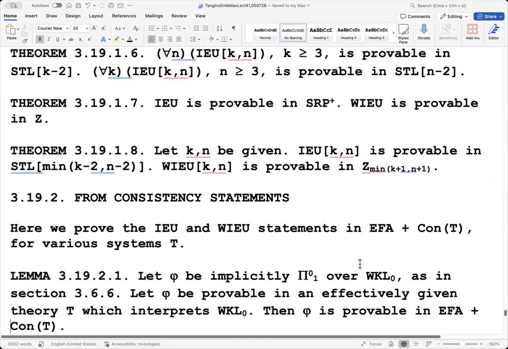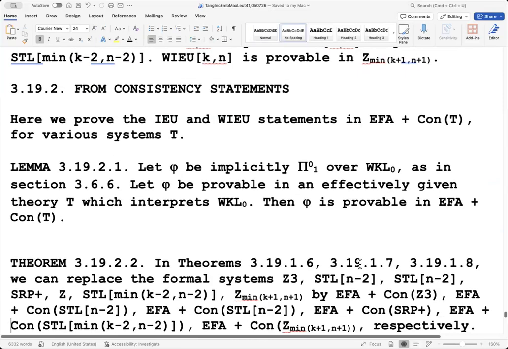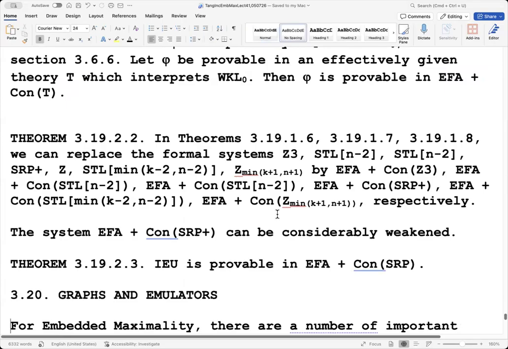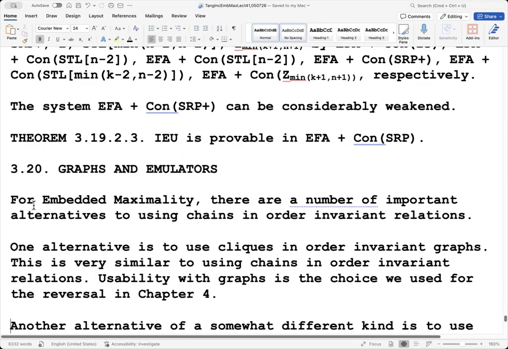But you can also do it from consistency statements, because if you have any implicitly Π01 sentence proved in a system, then you could prove it equally well from Con of that system with background EFA, here EFA plus Con T. And so you get this result that all these things are proved from the Con, except there's one thing where you get too weak a result.